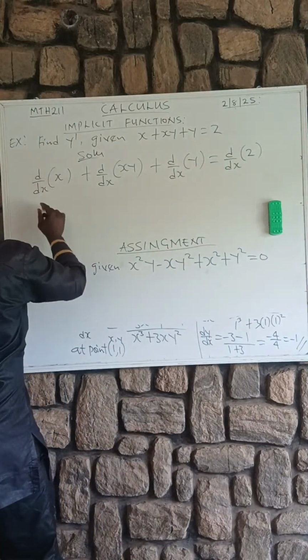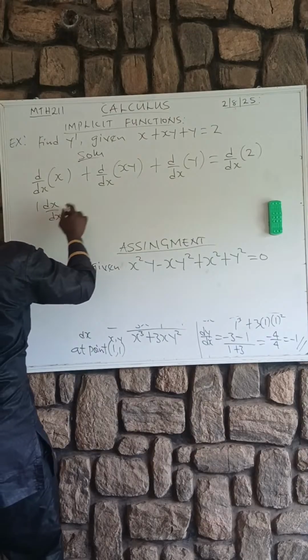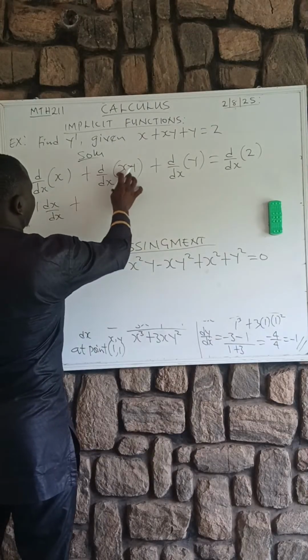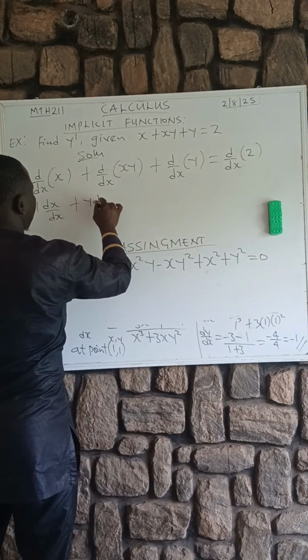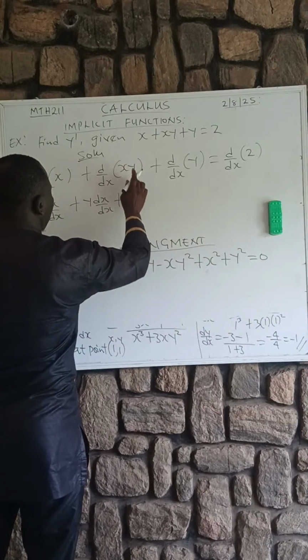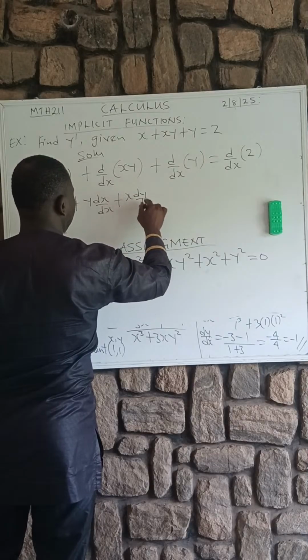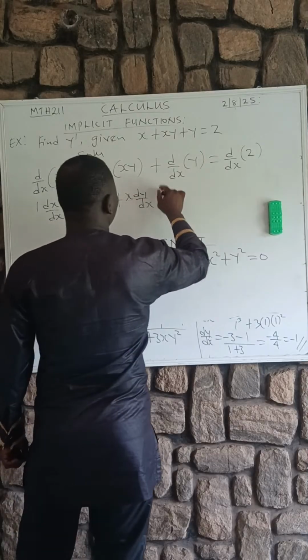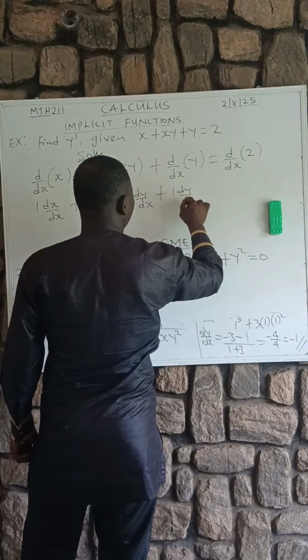So if you differentiate this, you have dx over dx, that is 1. True or false? Plus differentiate this, you have y dx over dx, plus x dy over dx, then plus differentiate y, you have 1 dy over dx.